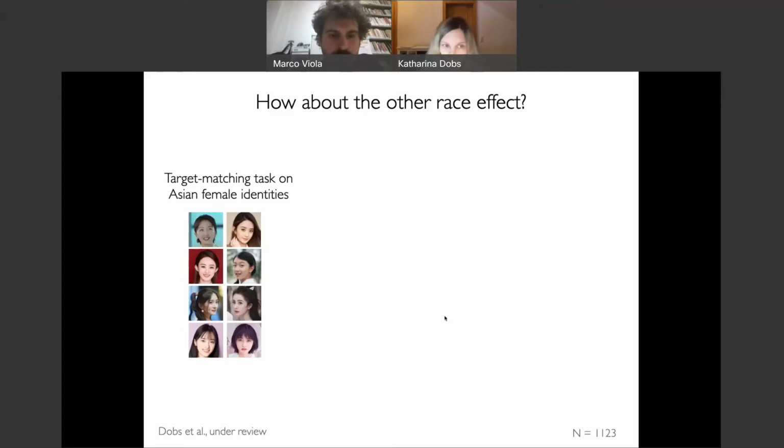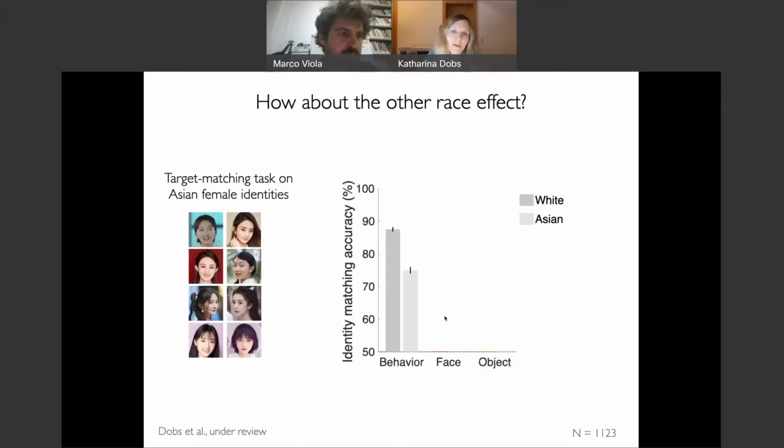They were the same age, they were also female, but they were Asian faces. In particular, our subjects were all based in the US and were mainly white subjects. So we had them perform the same task. And what we found is that there was indeed an other race effect, basically meaning that the performance in the target matching test was much lower on the Asian female identities than on the white female identities.